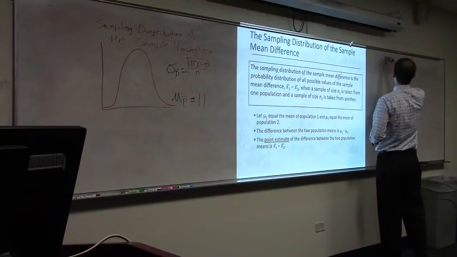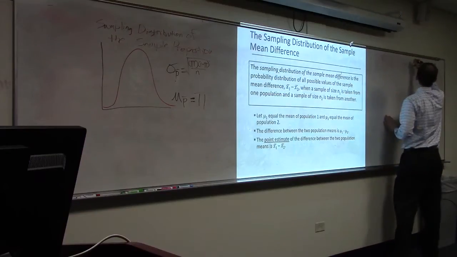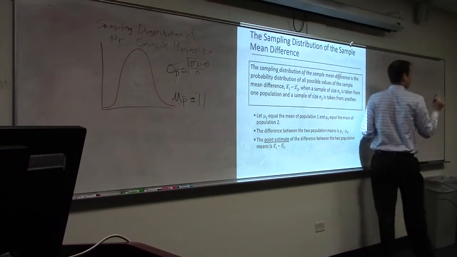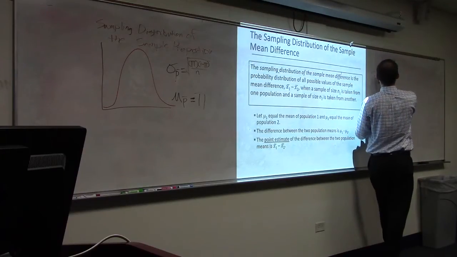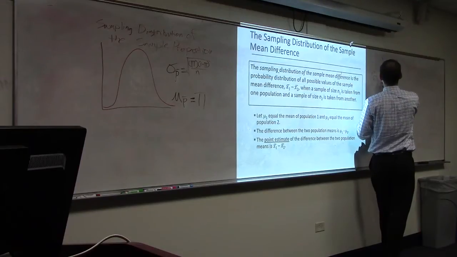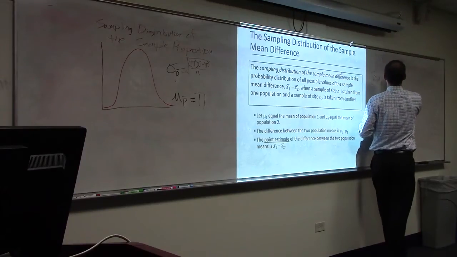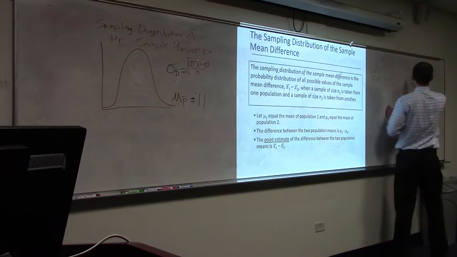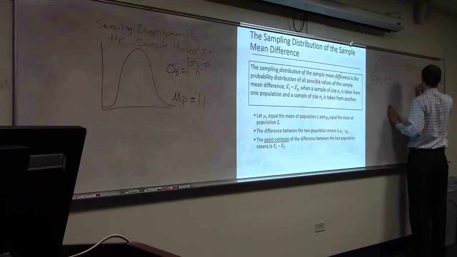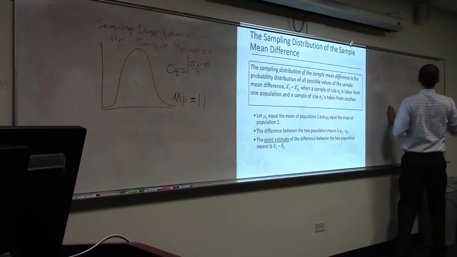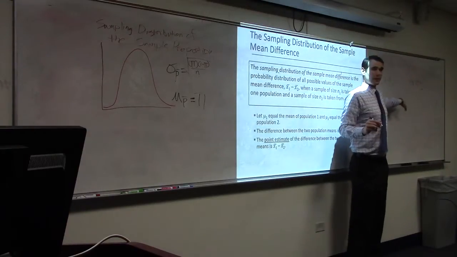For town A, you might say 95% confident that the average income is between 68K and 72K. Town B, 95% confident that the interval is 79K to 84K. You already know how to do that.